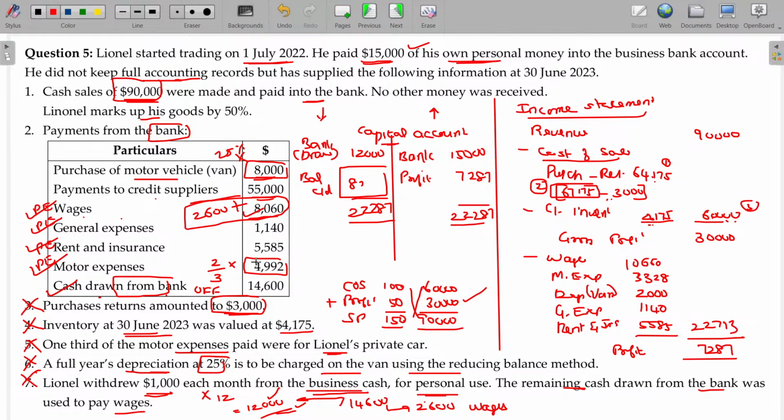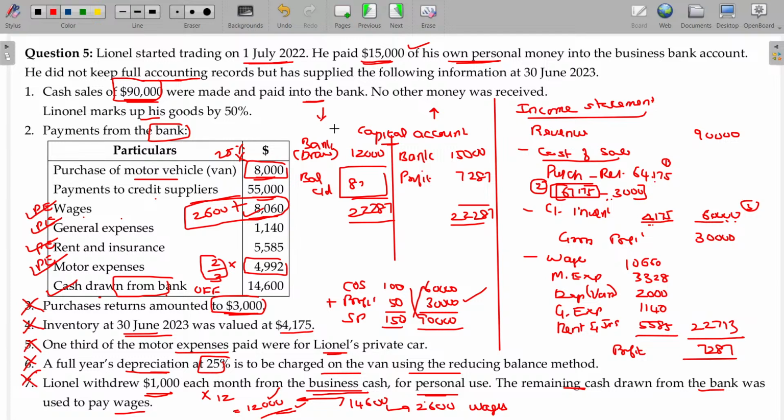See, 2/3 is business, another 1/3 is assumed to be personal expenses.